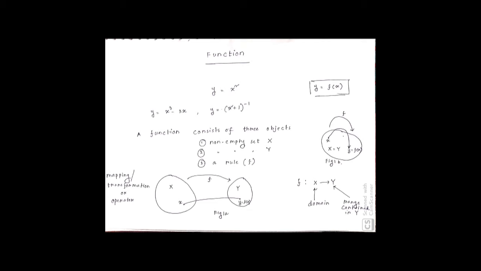If it is clear from the context what the sets X and Y are, or if there is no real need to specify them explicitly, it is common practice to identify the function f from X to Y with the rule f, and to speak of f alone as if it were the function under consideration.